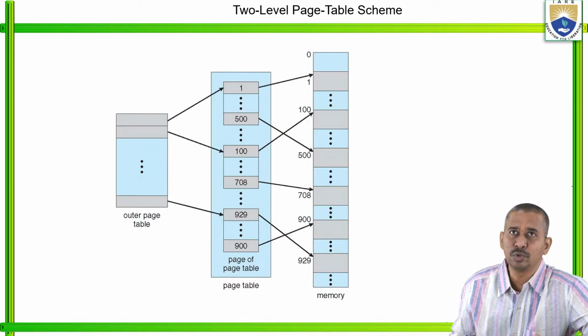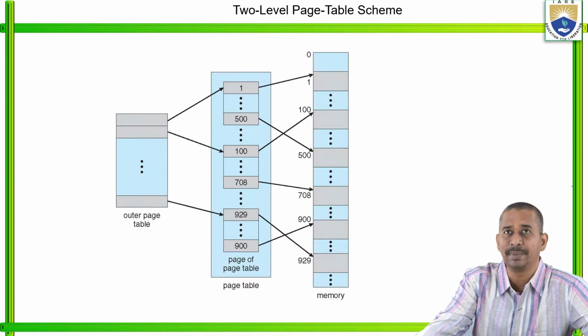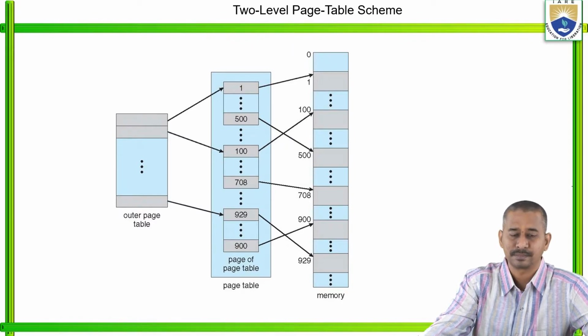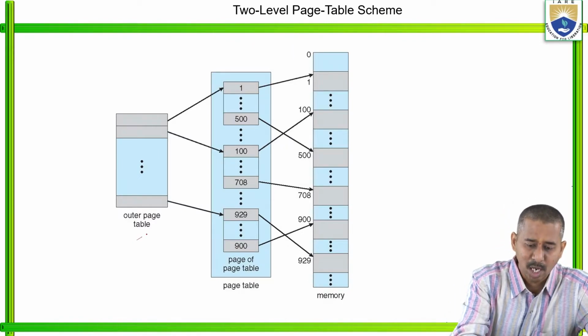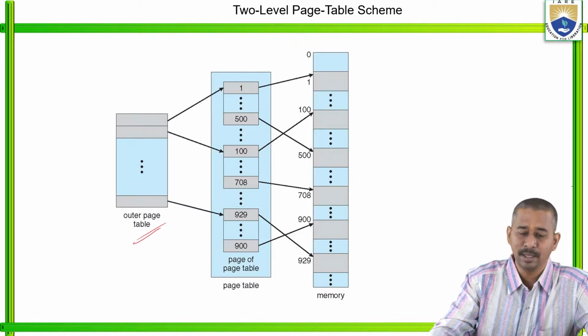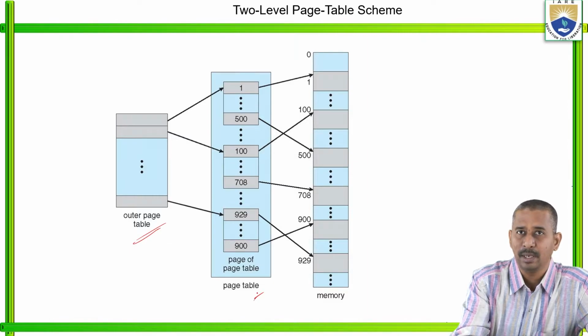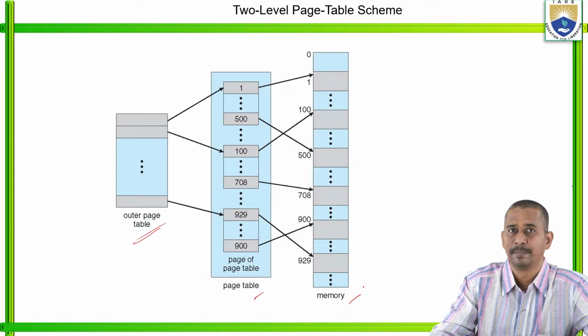See, this is the 2-level page table scheme. This is an outer page table, the basic page table, and this is how those are mapped into the physical memory.